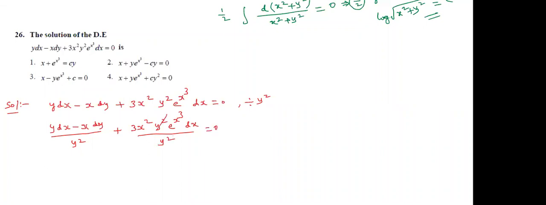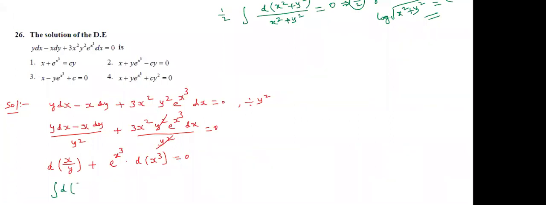So y square cancels. The first term, how to write it, students? Derivative of x by y plus, here e power x cube into 3x square dx, that is derivative of x cube only, is equal to 0. Now apply integration on both sides.